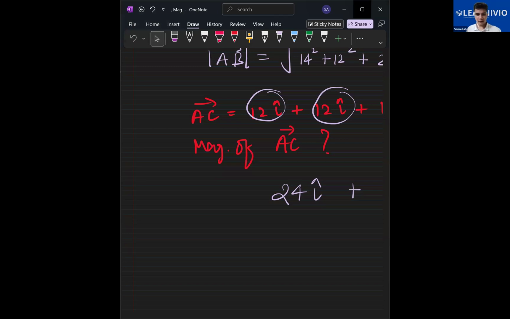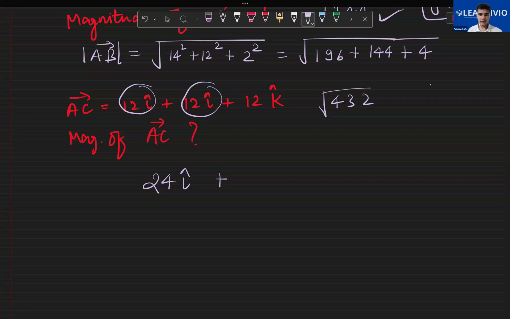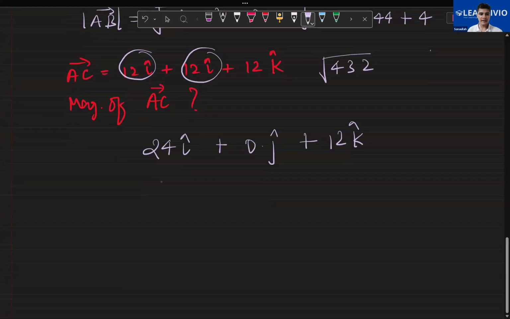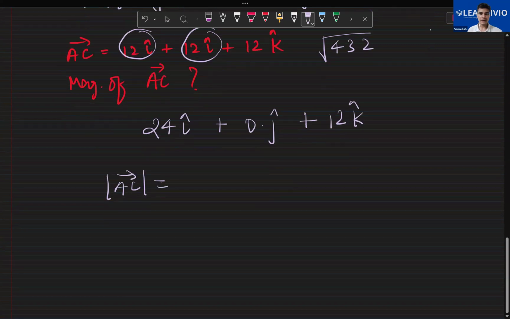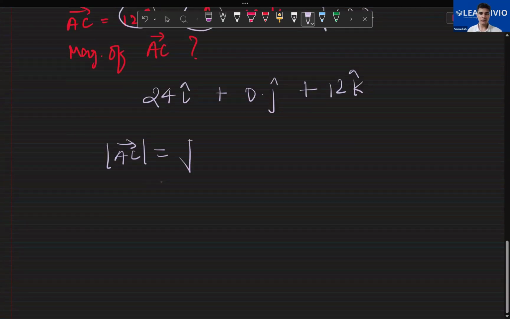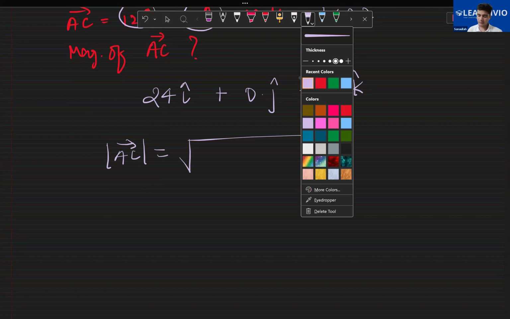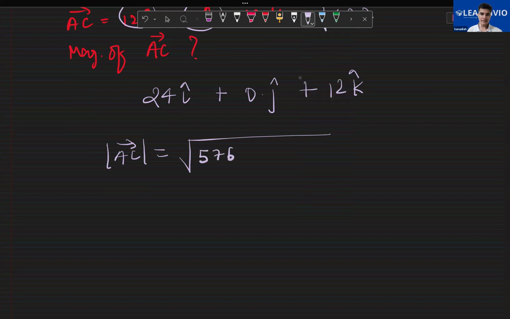So in the second part, this is 24 I cap, and since you do not have any J cap term, you can write this as 0 J cap. And the 12 K cap stays as it is. Now you have to find the magnitude of AC vector. So this will give you under the root 24 square, 576, plus 0 square is 0, plus 12 square is 144.